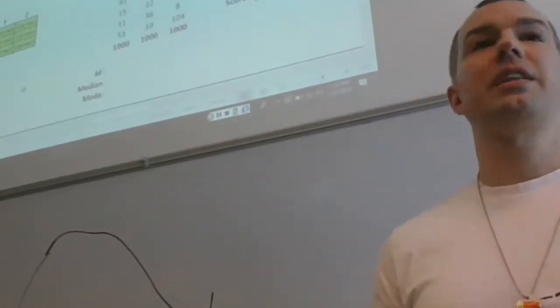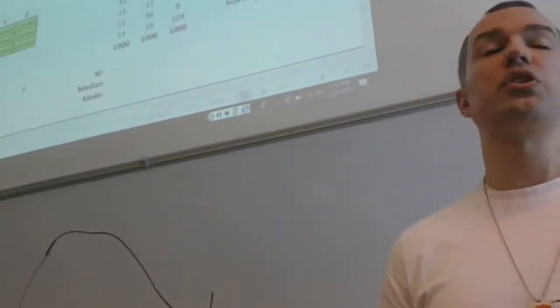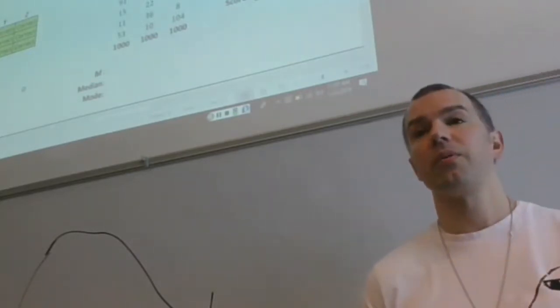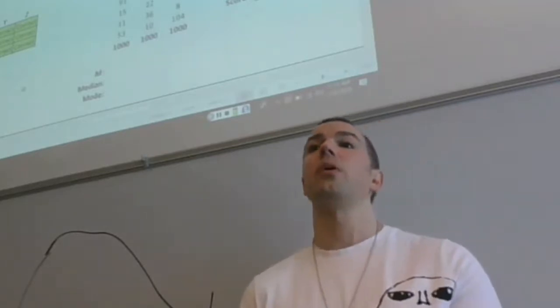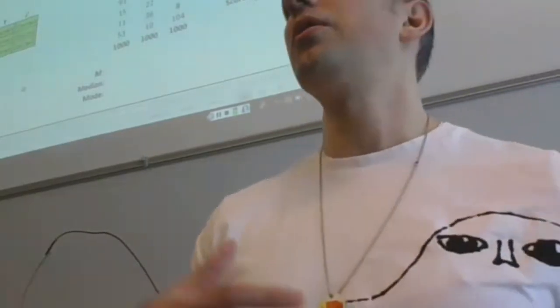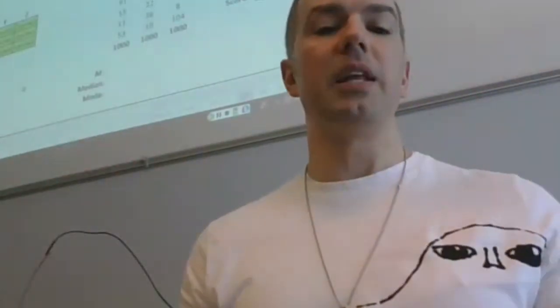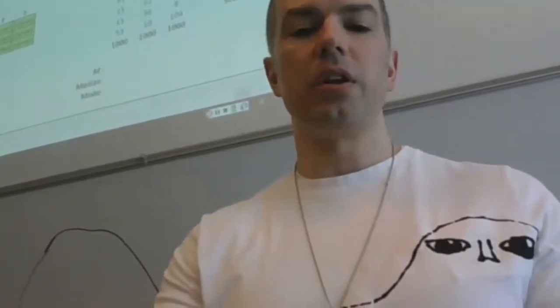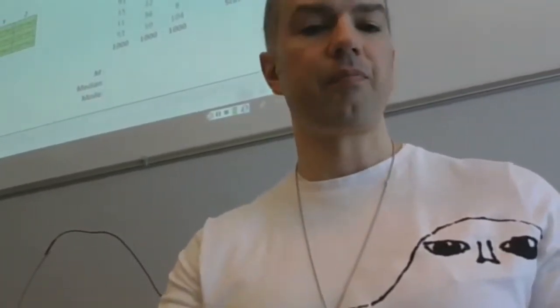So if I was to look at this data and I was to say to myself, there's only 12 scores, I would say probably the mode is not one of the ones that we want to be using because it has so few scores that the mode is basically just going to be almost a meaningless measure. So again, just the kind of things that you need to consider when you're looking at measures of central tendency.